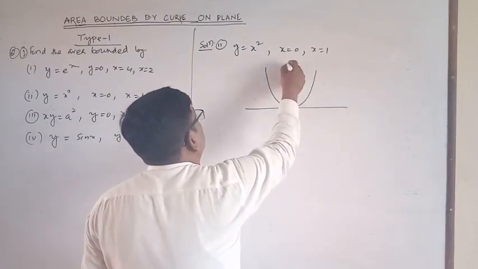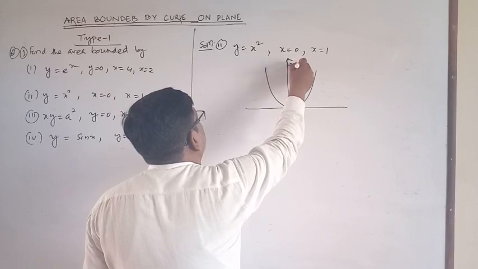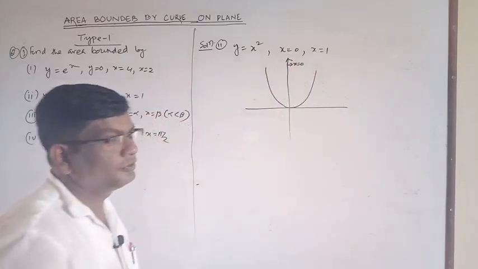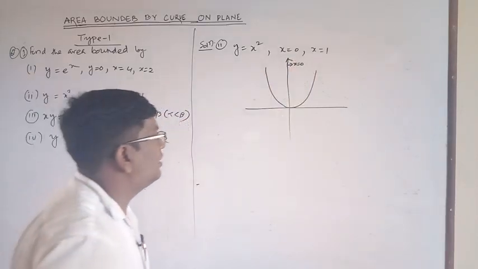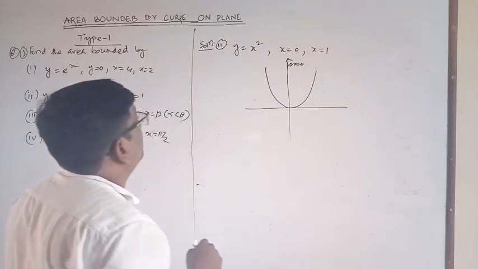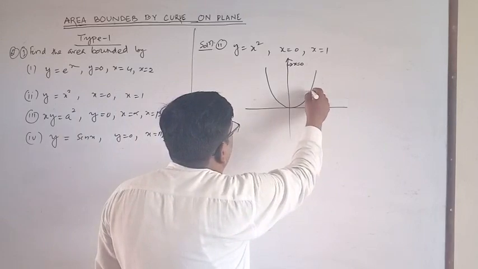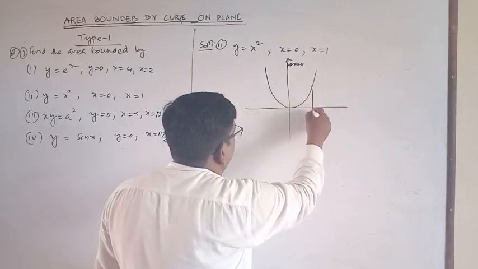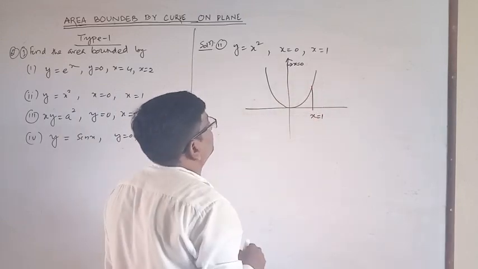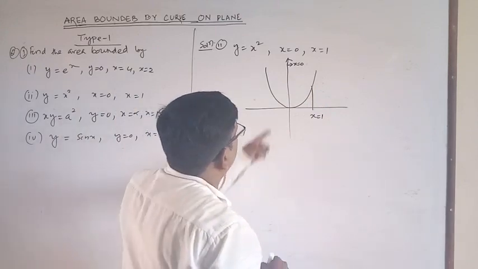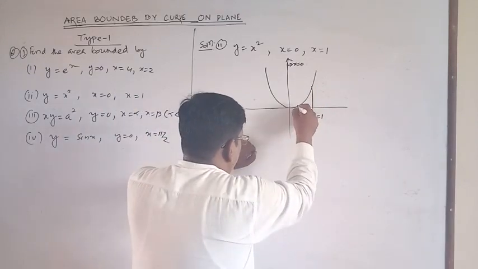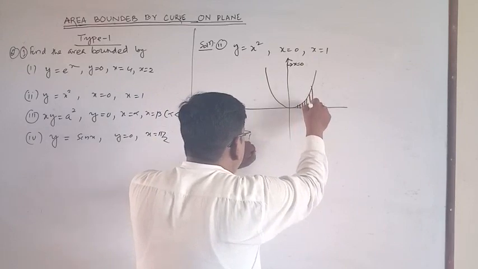This is x is equal to 0, and suppose this is x is equal to 1. So the required area is this.